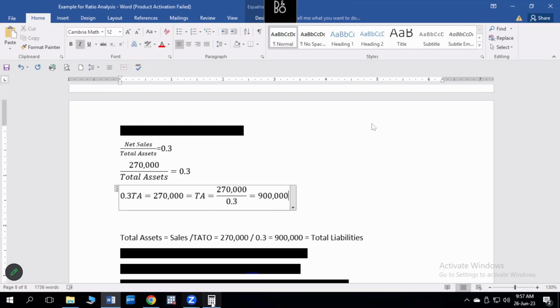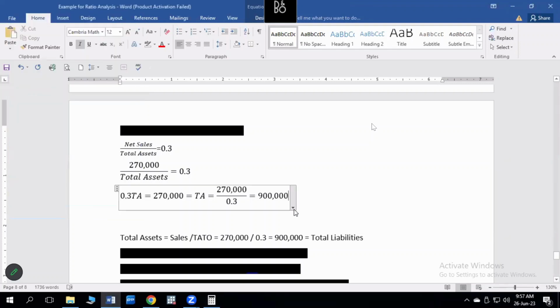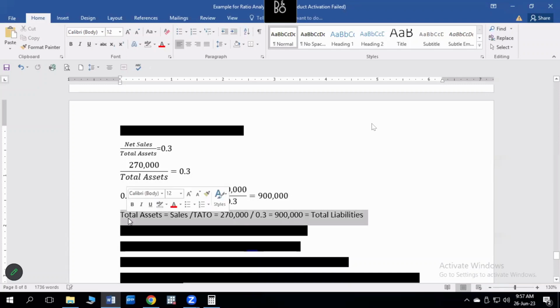So you can check in the total. If you divide the 2 lakhs and 70,000 by 0.3, you can get the 9 lakhs. Total assets 9 lakhs. So it is found straight away here.